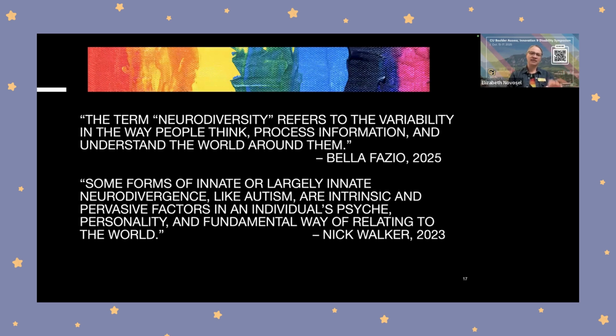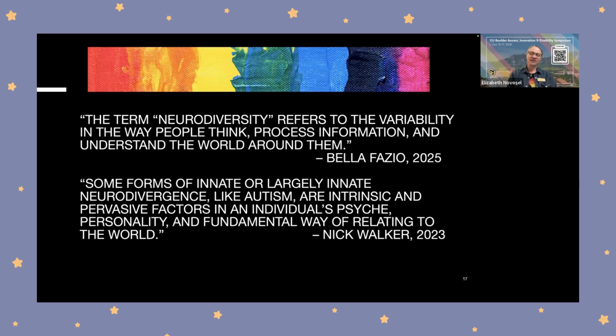And what I like about these quotes and the definition is talking about neurodiversity as a variation in the way brains work, function, the way people think. That's normal. There's variation in all parts of us and the natural world. This is just one more.